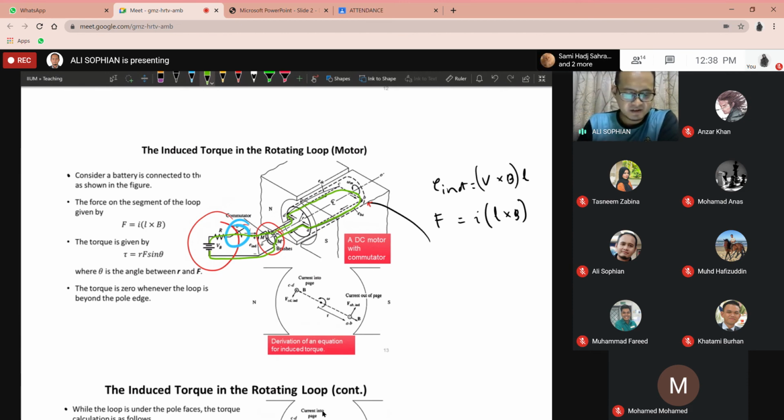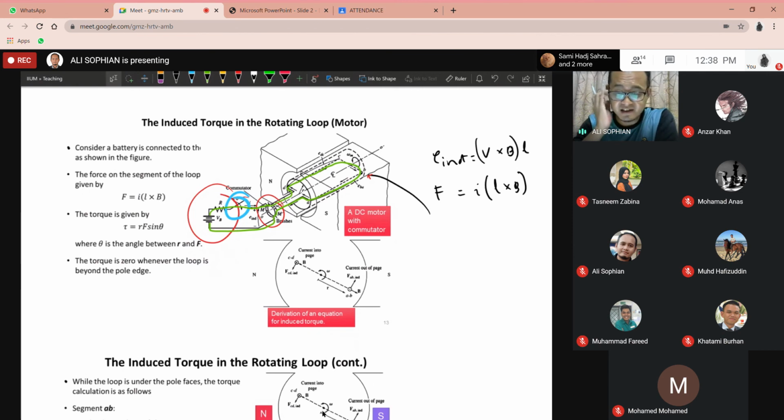Okay, so this is the idea. Now if you look at the loop, you have current flowing. For segment AB, for example, current flows out of the page. In segment DA it is into the page. Segments AD and BC are on the line, if you like, the rotor ends.